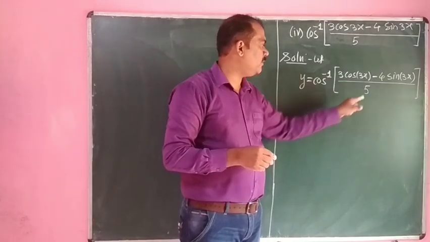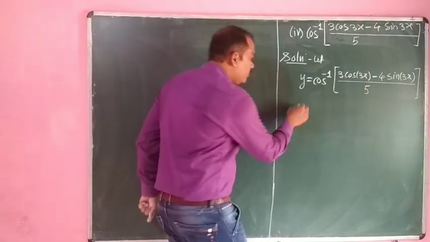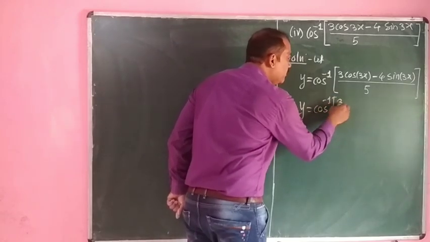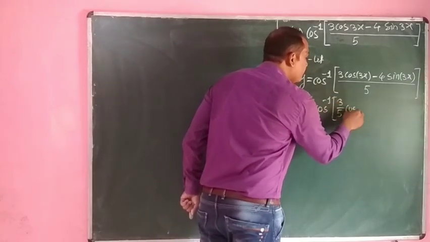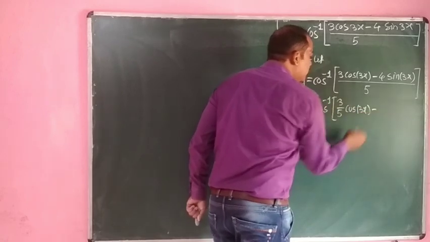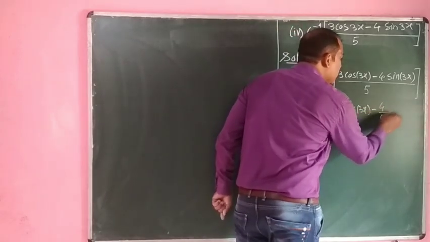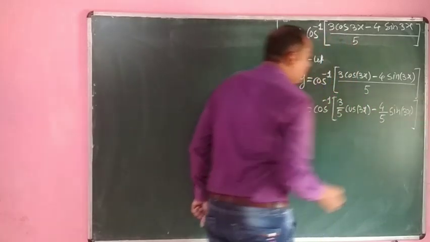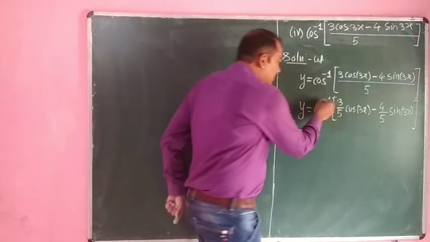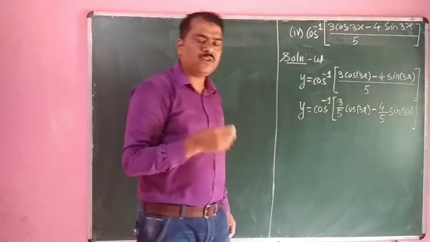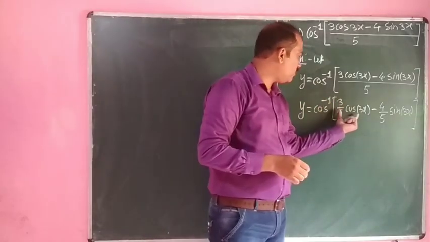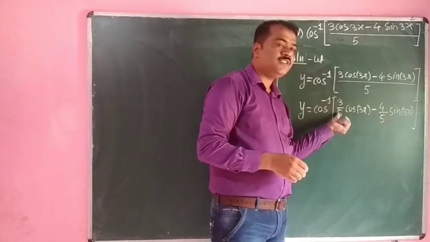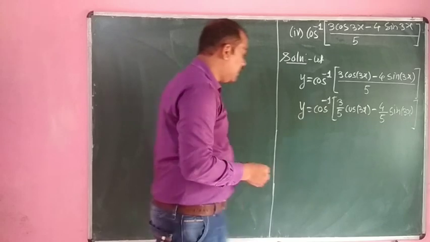We divide the numerator separately by 5, so that y is equal to cos inverse of 3 by 5 cos 3x minus 4 by 5 sin 3x. Here cos inverse is there, meaning whatever the value of this bracket, we require it in terms of cos, so we assume this value is a cos alpha, this value is a sin alpha.